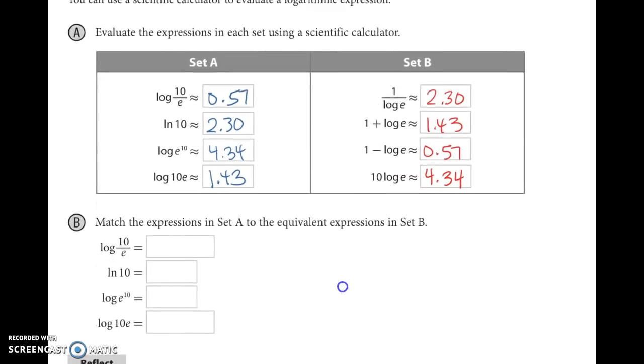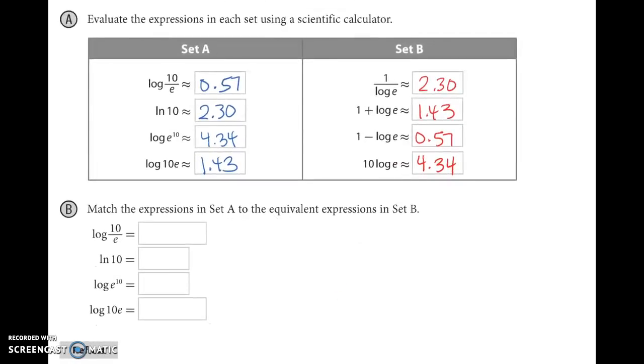Okay, and then moving on to part B, it says match the expression in set A to the equivalent expression in B. So I see that this one goes with this one, and so that expression is 1 minus log e. Then I have 2.3 here and 2.3 here.